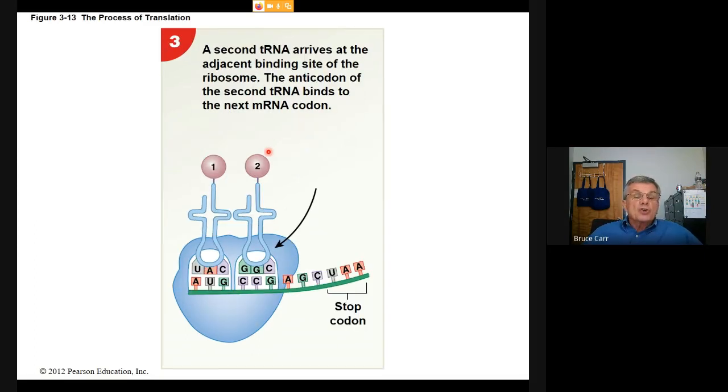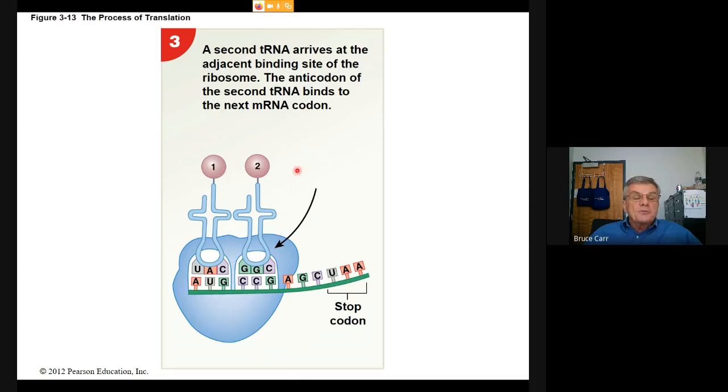So we're going to shift the amino acid here, and this tRNA is going to be empty. We're then going to slide the ribosome in this direction so that this tRNA, which carries 2 and 1 as a dipeptide, is going to enter this site, and we're going to move the ribosome so AGC is now in this second site and ready for binding.